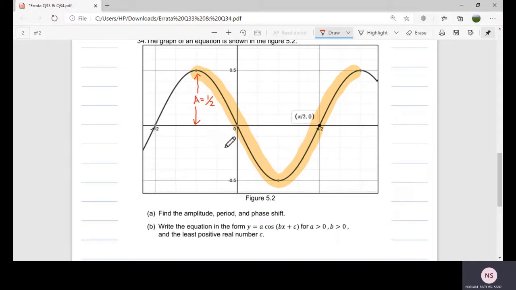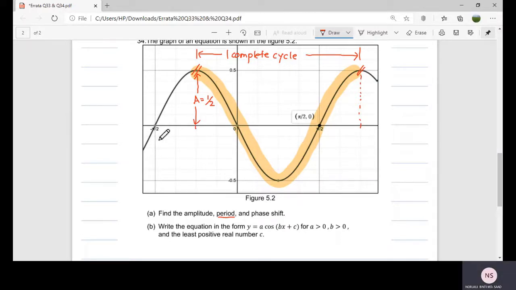And then for its period, we can measure from this starting point up to this point, and you'll have one complete cycle. So after we measure, we look at the x coordinates here and also here.